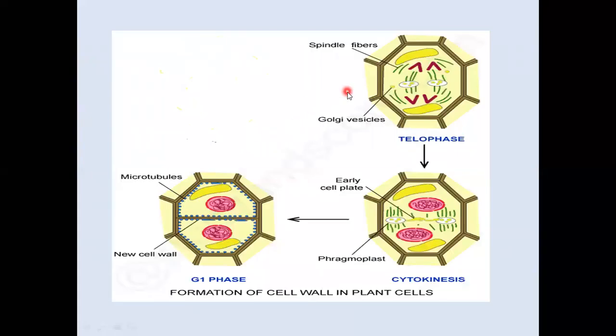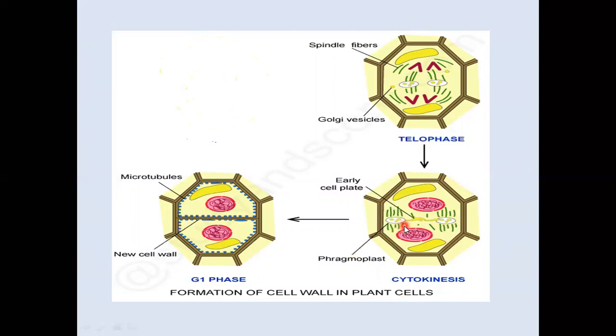You can see here, this is the telophase, and these are the Golgi bodies and the endoplasmic reticulum elements. This is the cytokinesis. As cytokinesis starts, the phragmoplast, which is a microtubule structure, helps in cell plate formation.